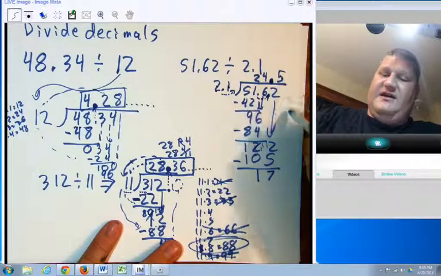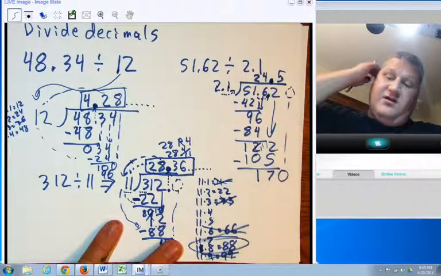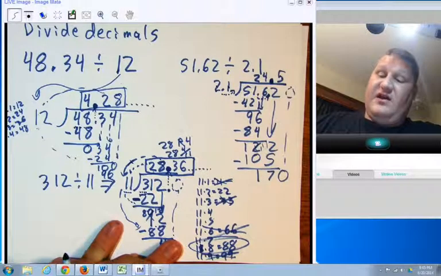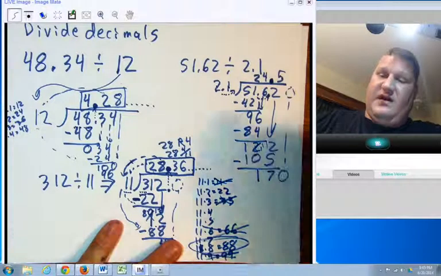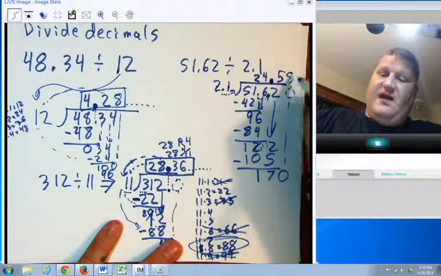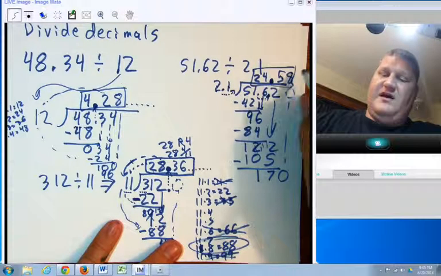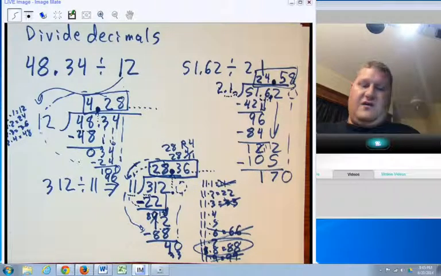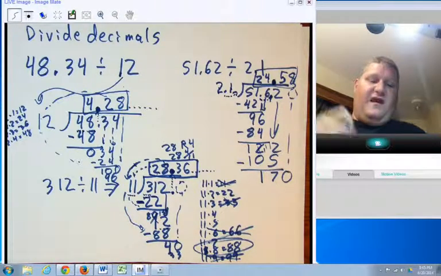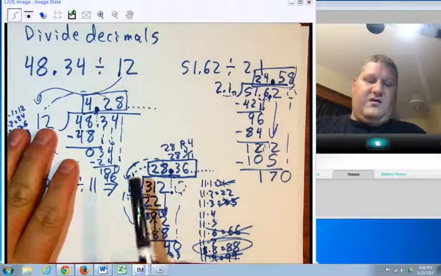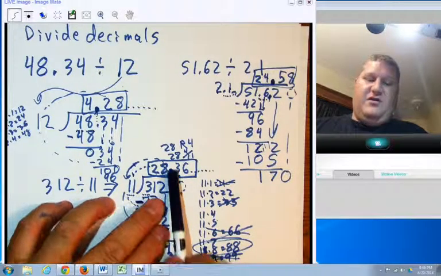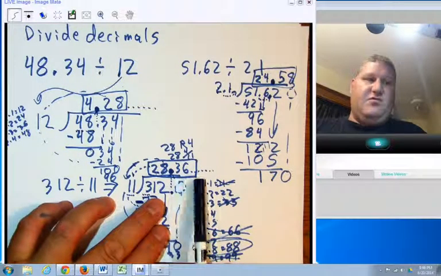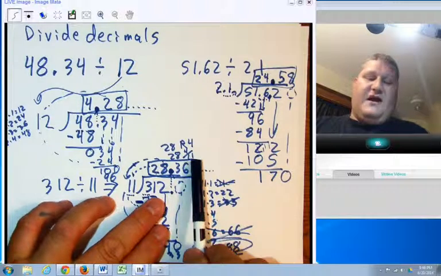Again, I could keep going if I wanted to bring down another 0. 21 would be 5, 6, 7, 8 times. 8 times. And that's going to be my answer. So, that is dividing with decimals. You first have to do long division, and when you run out of room, you may have to put a decimal and keep going, or have a remainder, or have a fraction.